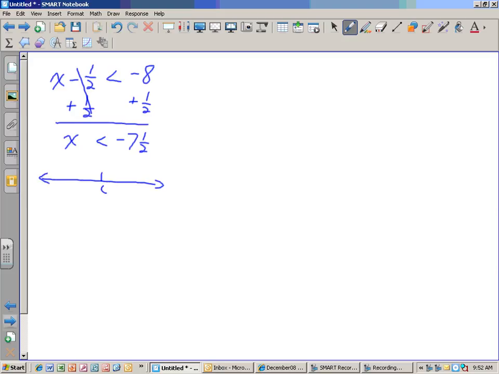We put a 0. And -7 is over on this side, isn't it? So here's -7.5. And that's really all you have to do, just show me where the number is. Sydney, is that going to be an open circle or a closed circle? An open circle, because it cannot equal -7.5. And I want values less than, so we're going to put the arrow to the left.